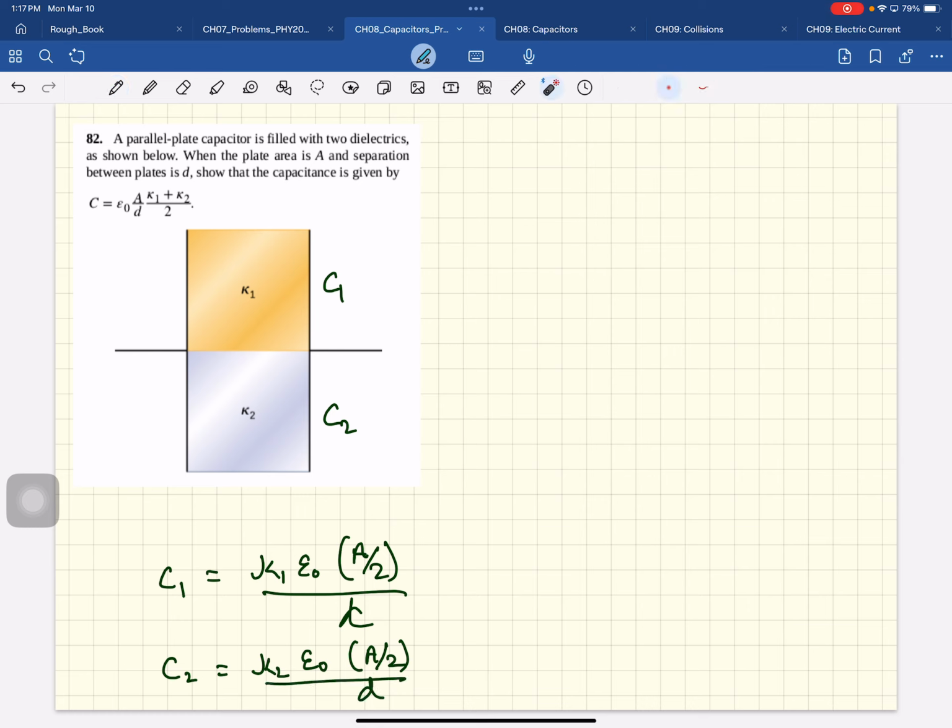These two are connected in parallel, so the equivalent capacitance is the sum of the two, C1 plus C2.